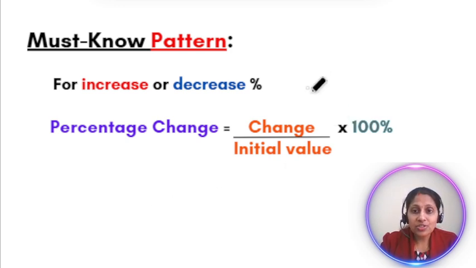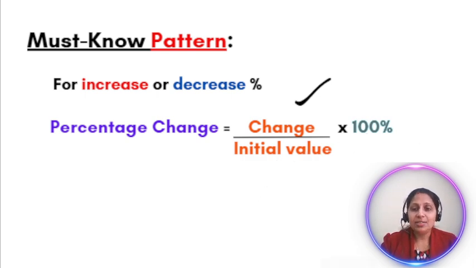It's only the change in the numerator, and in the denominator whatever the initial value is. If it is an increase, you will get bigger value minus smaller value by the smaller value. But I don't want to confuse you with big, small and anything. It's simply the change between the two values, with the initial value in the denominator, multiplied by 100.